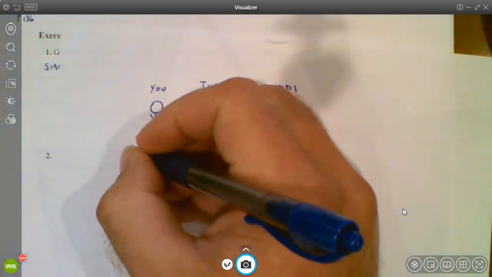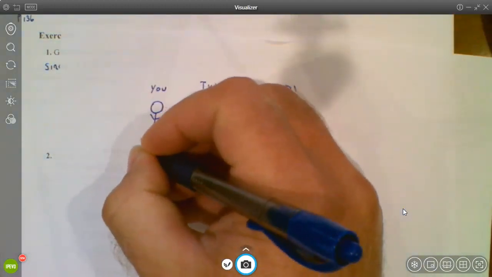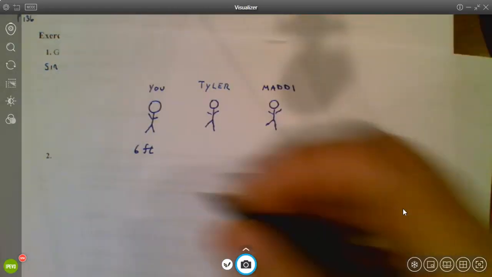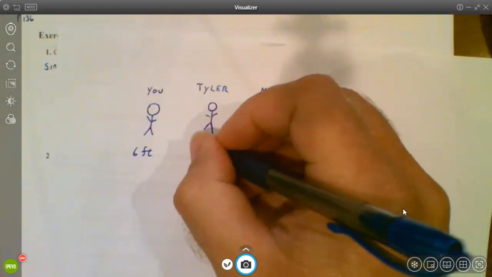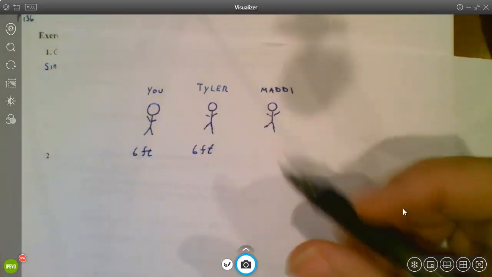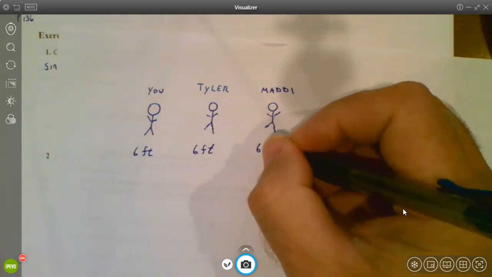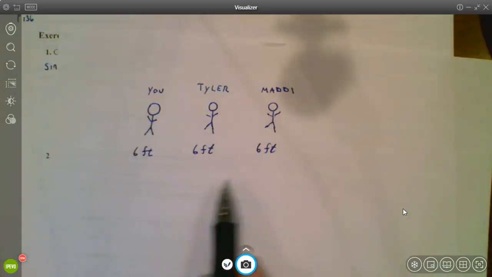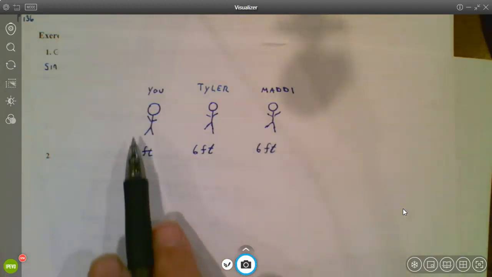Well, if you are 6 feet tall, and I said you're as tall as Tyler, and Tyler is 6 feet tall, and then I were to tell you that Tyler is as tall as Maddie, and Maddie is 6 feet tall, what would that have to mean about your height compared to Maddie's height?